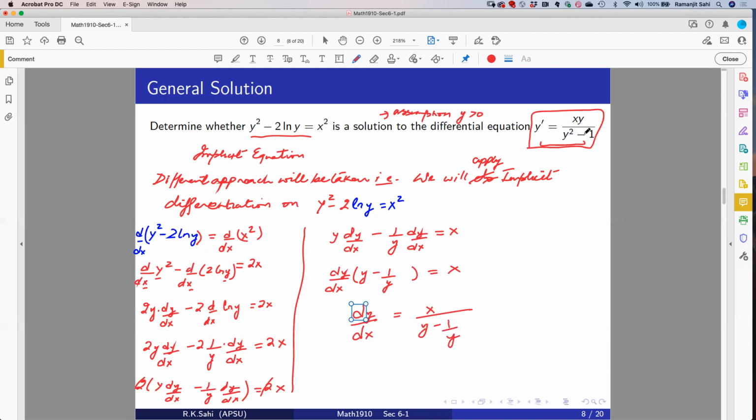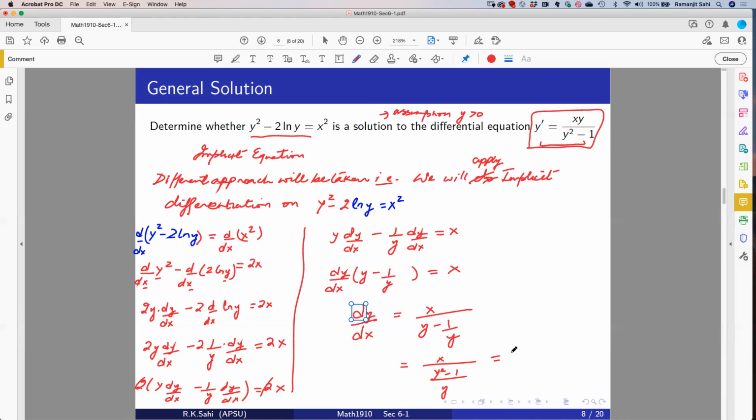We're very close to the answer, but we're not exactly there. So we just do a little bit of computation. Now remember, I would like to have one fraction, not a fraction inside another denominator. So we're going to make one fraction in the denominator, with the common term y, and we can write this as y squared minus 1 over y. And then, to have a nice fraction, we take the denominator to the top.